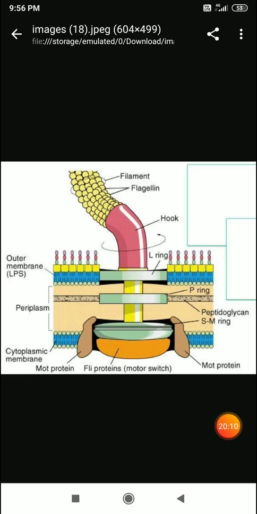See, this is the structure of flagella. The filament, the upper side is the filament of flagellin. This is the hook, L ring, P ring, peptidoglycan, Mot proteins, then the cytoplasmic membrane, periplasm, and outer membrane.